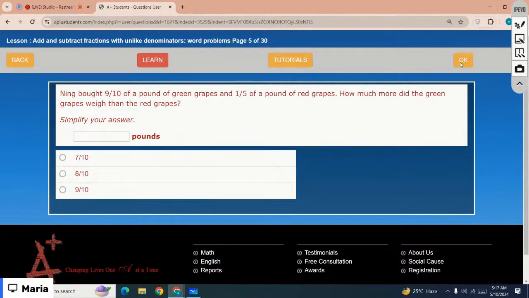So, which is the correct option? The correct option is 7 over 10. Option 1 is the correct option.